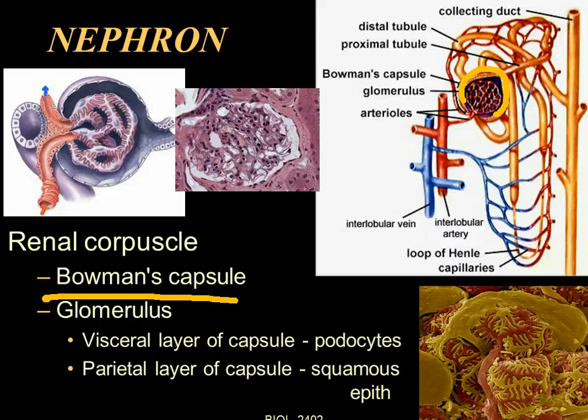Think about a baseball glove. Except instead of padding and all the other stuff that makes up the glove, you've got the outside leather on the out, and you've got the inside leather that's forming the palm of your hand. Think about in between that being a space. And you've got the capsule, except that the ball in your hand would be the glomerulus, and blood is coming in, so the ball would have blood in it.